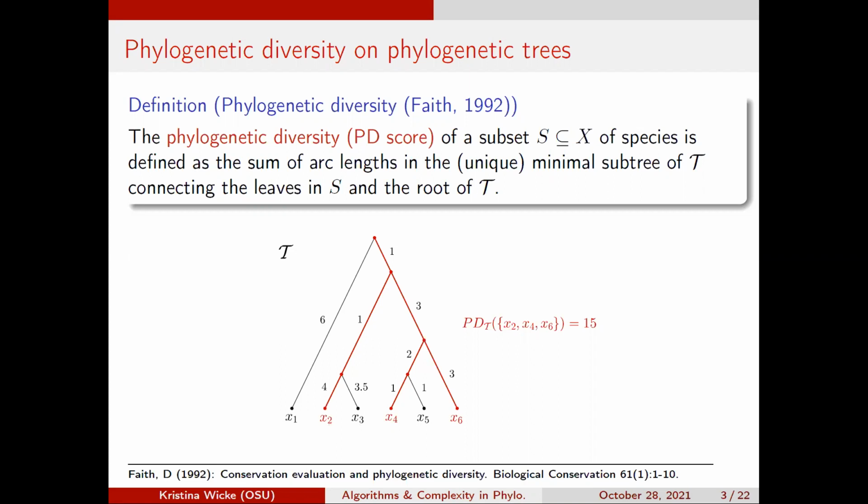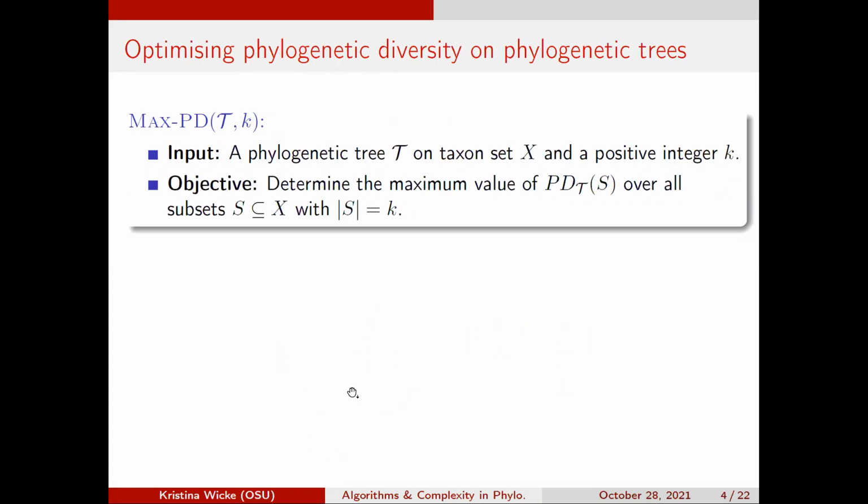And so now in the conservation setting, where there are limited resources or limited financial means, one central problem is the following. Suppose we have a tree on leaf set X, and we want to conserve as much diversity as possible, but we cannot conserve all, let's say, N species. But suppose we can only conserve K species.